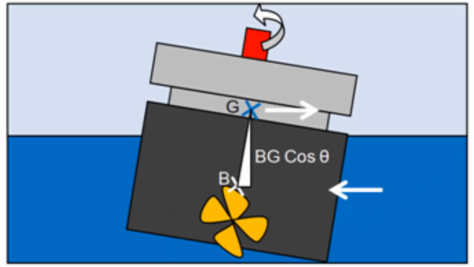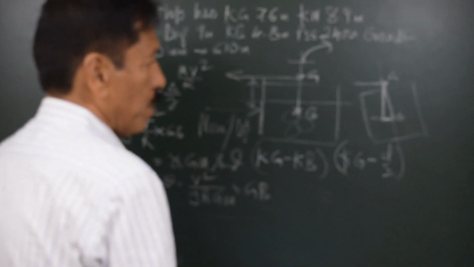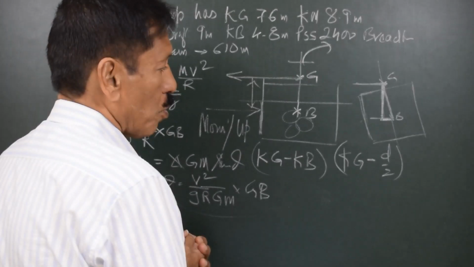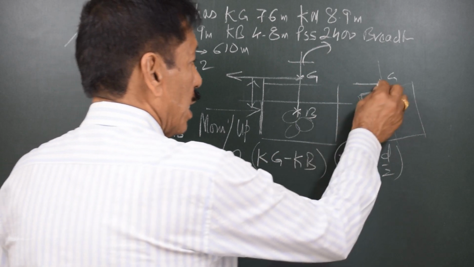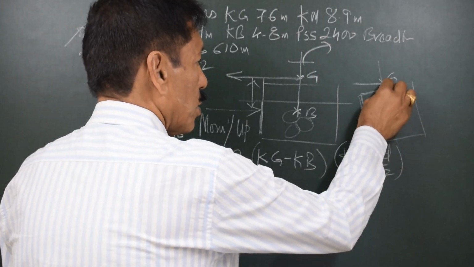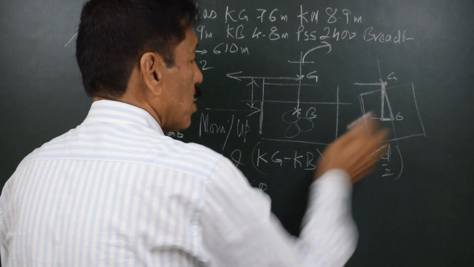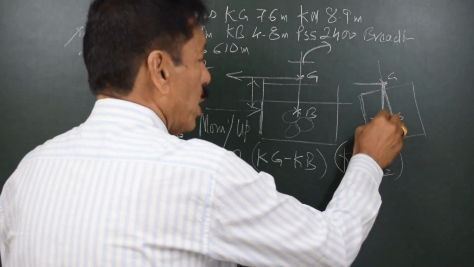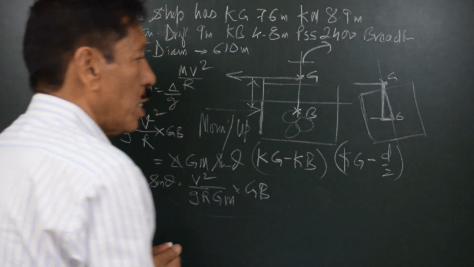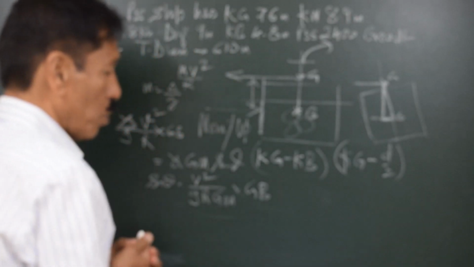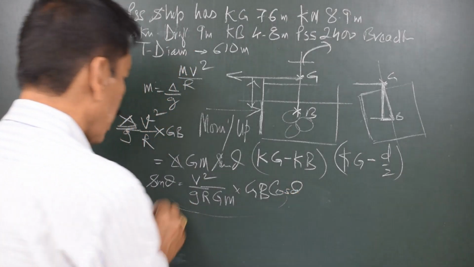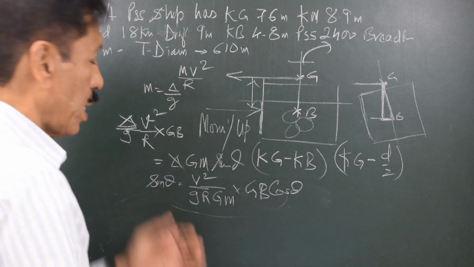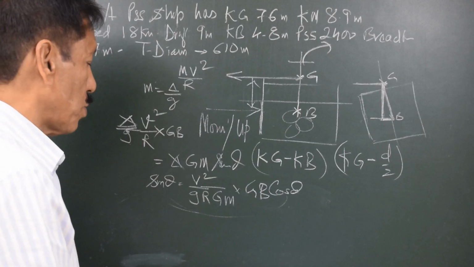We want the actual vertical distance between G and B. So the actual vertical distance between G and B is not GB. We should be writing GB cos theta, because this side upon GB is equal to cos theta. So this vertical distance is GB cos theta. So instead of GB we should be writing GB cos theta. But when cos theta goes on the other side, it goes to the denominator and it becomes tan theta.